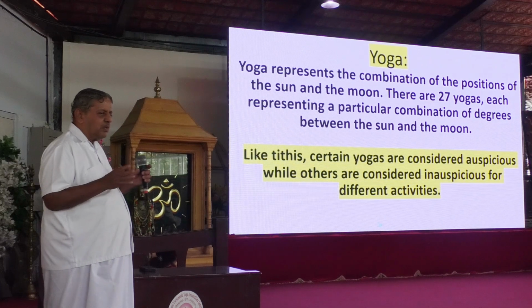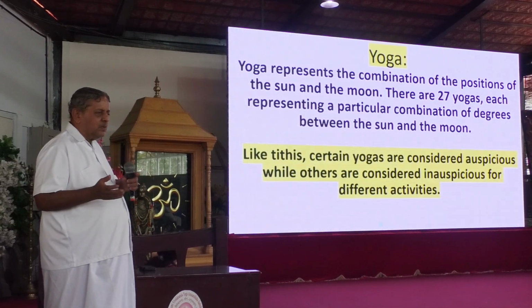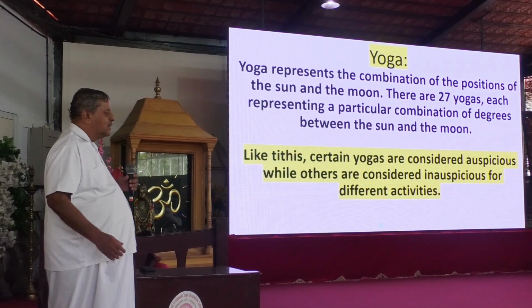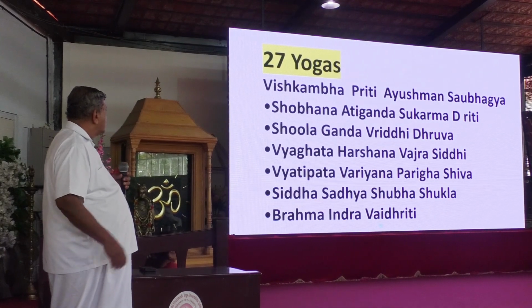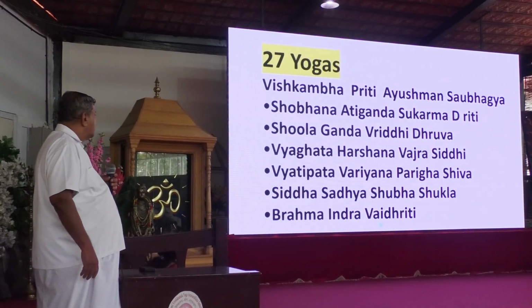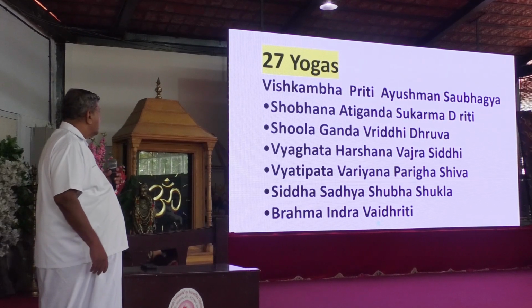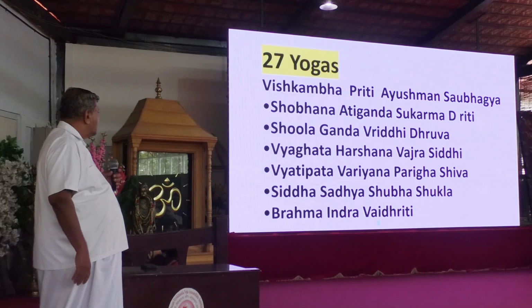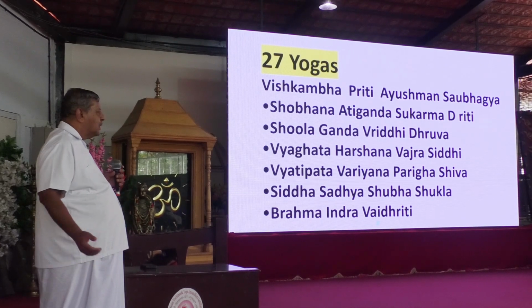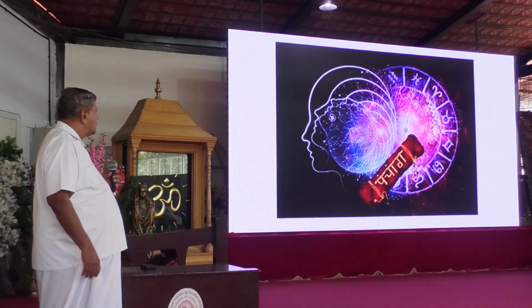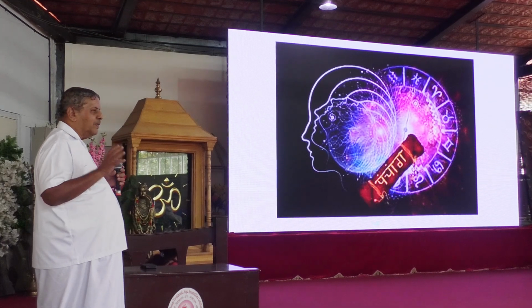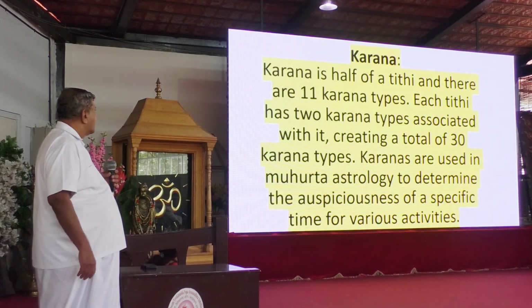Similarly, some nakshatras are good, some are bad. These are the 27 yogas that have been prescribed: Vishkambha, Preeti, Ayushman, Saubhagya, and so on, and Vaidhriti and others. So, Panchanga has these 5 dimensions.